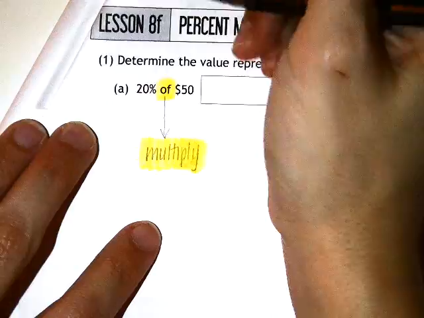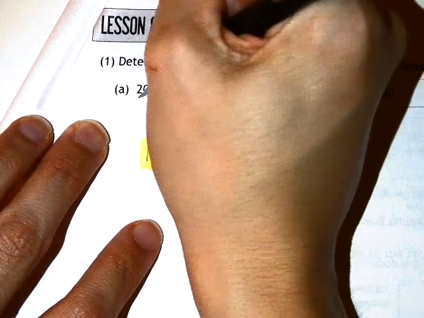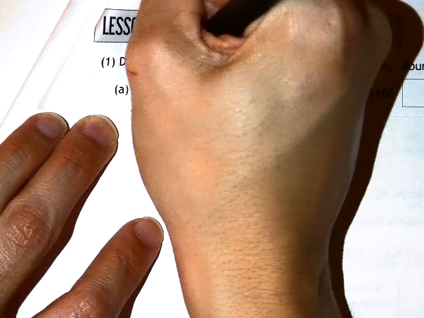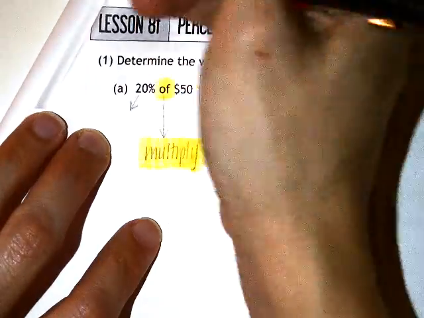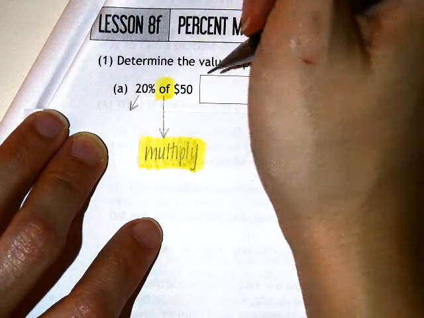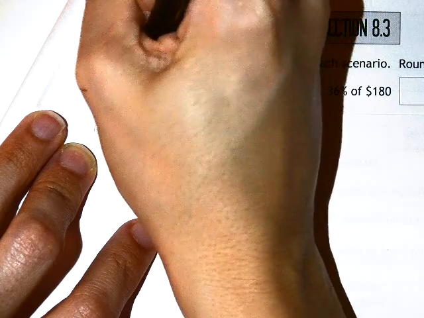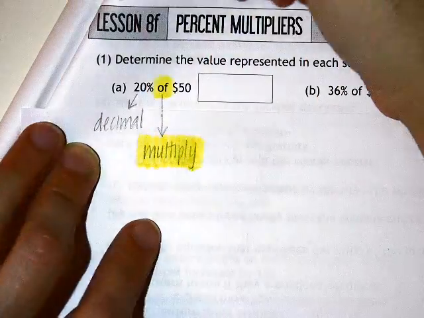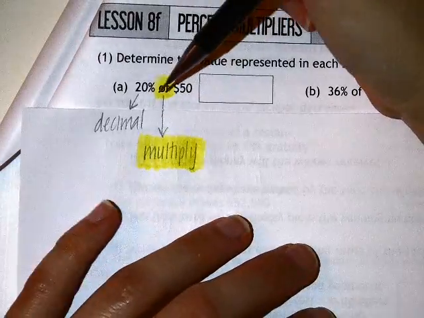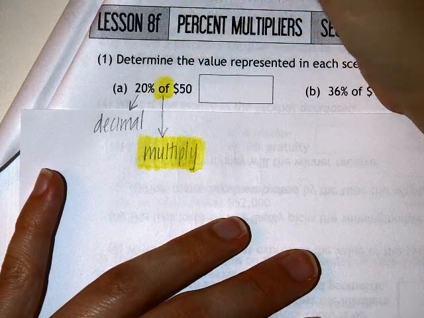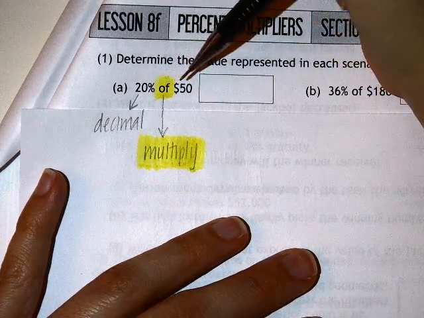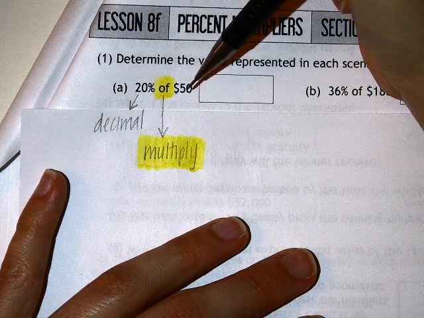Now, the percentage is probably the only thing that you'll want to make sure that you think about. A percentage always needs to be multiplied as a decimal. The reason for that is because we want to always multiply like terms. 20% is a percentage number, but $50 is not a percentage.